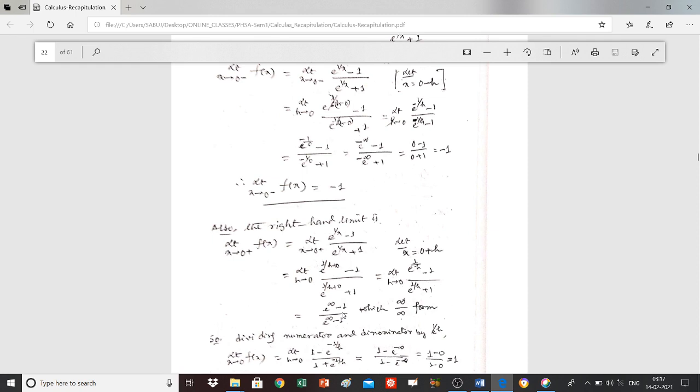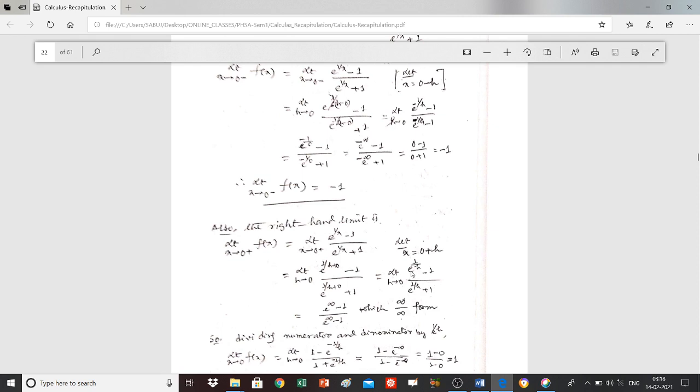That is limit x tends to 0 plus of the function, which is written here, and in this case the substitution should be x equal to 0 plus h. So this limit transfers to h tends to 0, with all x replaced by h plus 0, and you finally obtain limit h tends to 0 of e to the power 1 by h minus 1 over e to the power 1 by h plus 1.